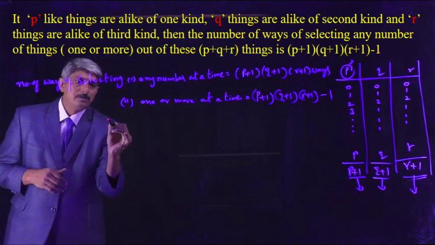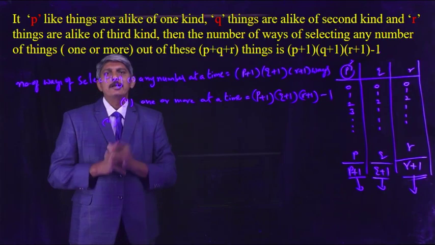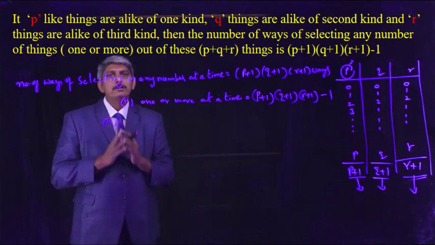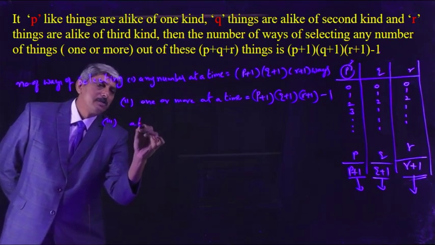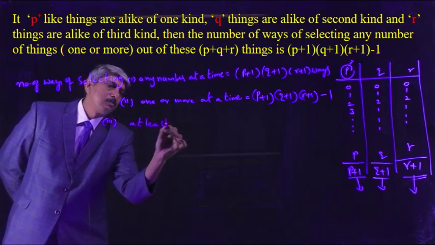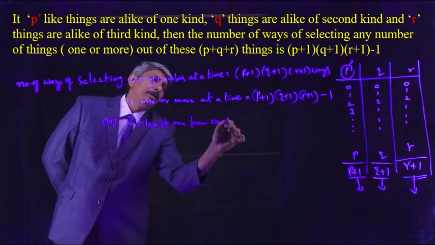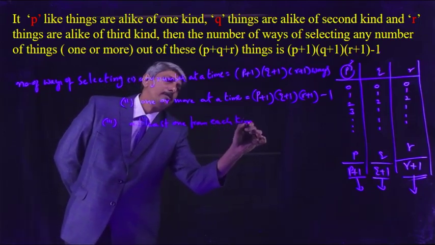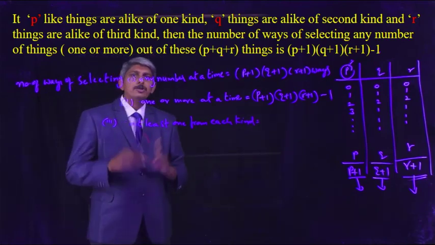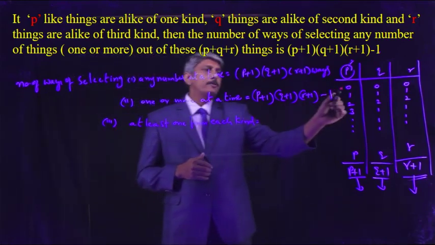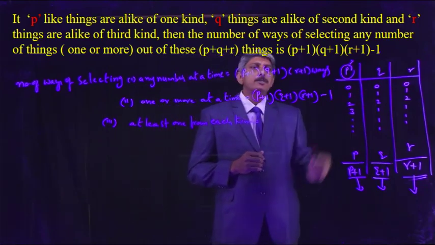And third one, the number of ways of selecting at least one from each kind. Okay, that means we do not draw 0 things from the first kind, 0 things from the second kind, 0 things from the third kind.